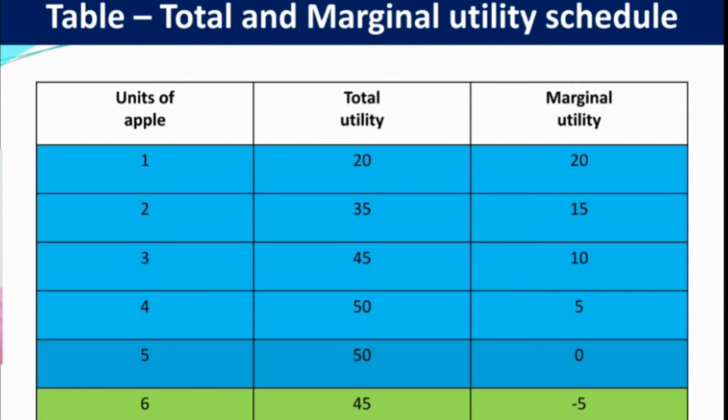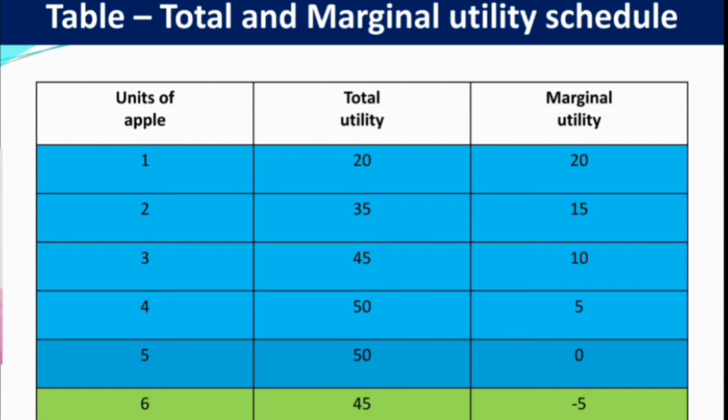Then he starts to eat the second apple. The utility derived from the second apple, compared with the first, will definitely be reduced according to this law. So it is 15. Already he has 20 utility from the first one, and additionally he adds 15, so 20 plus 15 is 35 total utility.